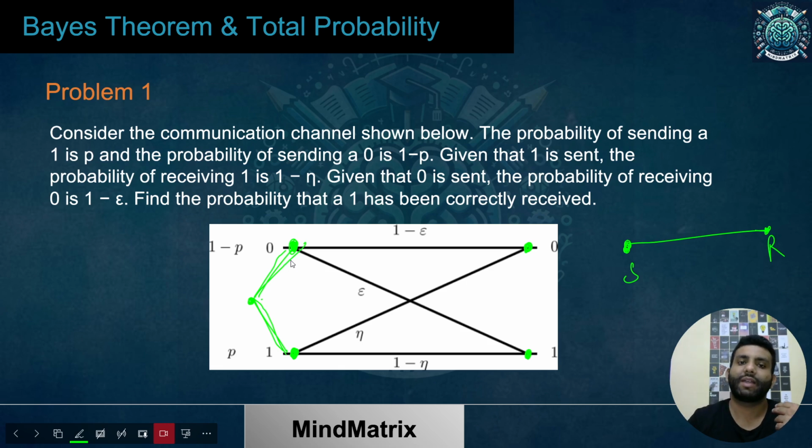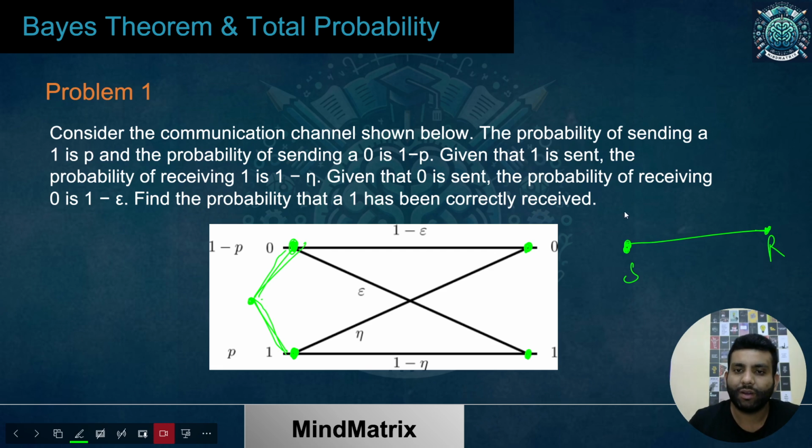Because I may send 0 or I can send 1. That's why in this question, it has been split up to show you case by case how the problem emerges. So we have a sender point and a receiver point. Now the probability of sending 1 is p.